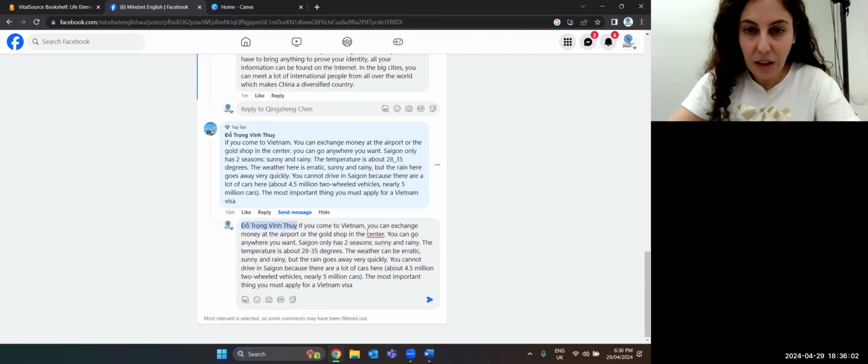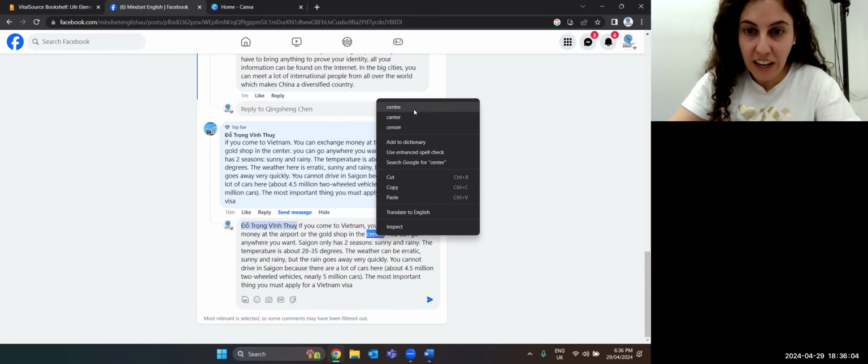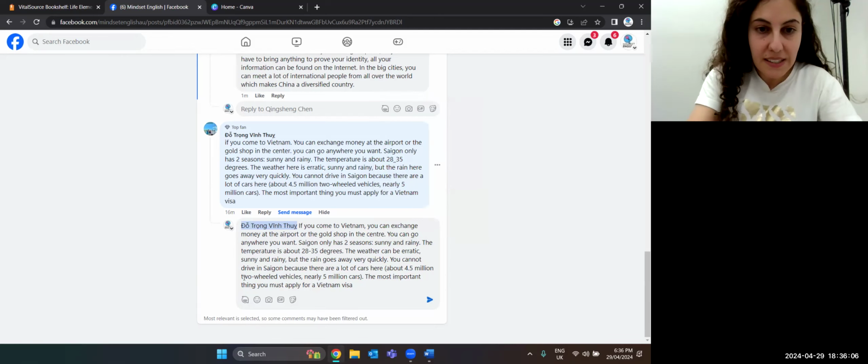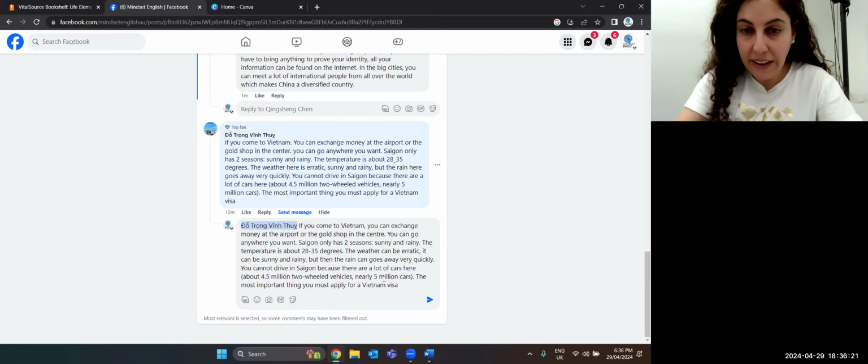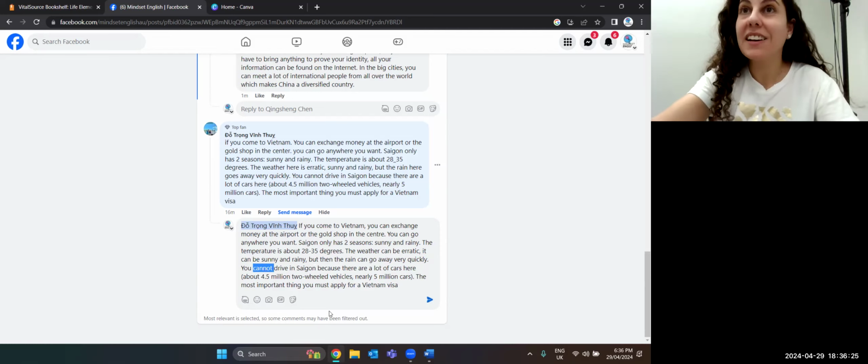That means it just can be a bit crazy sometimes. It can change. So it can be sunny and rainy, but then the rain can go away very quickly. You cannot, well done, nice negative.